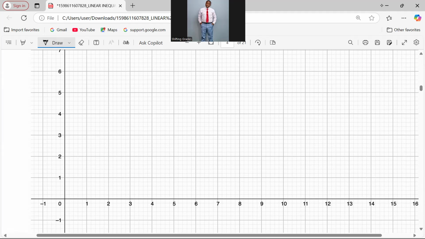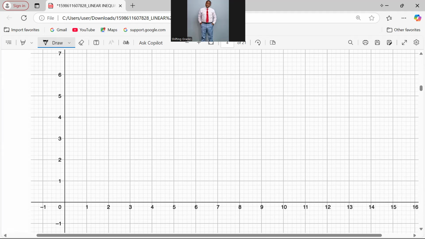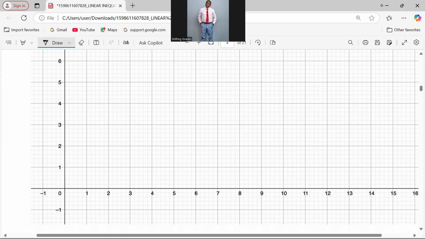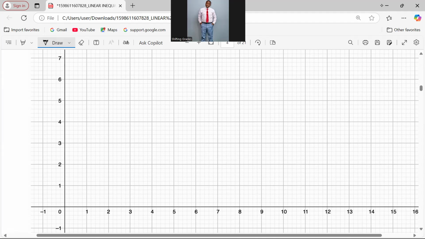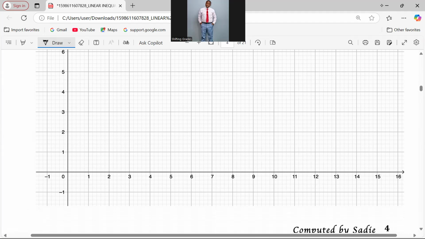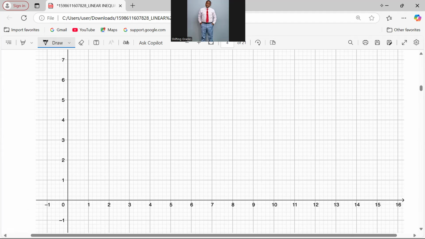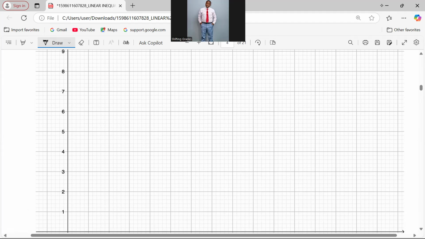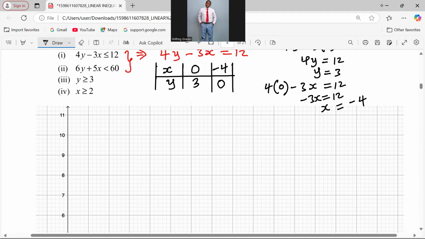All right, they have already given us the Cartesian plane, which is already suggested. We have the Cartesian plane, and it's not accommodating negative 4 for the x values.